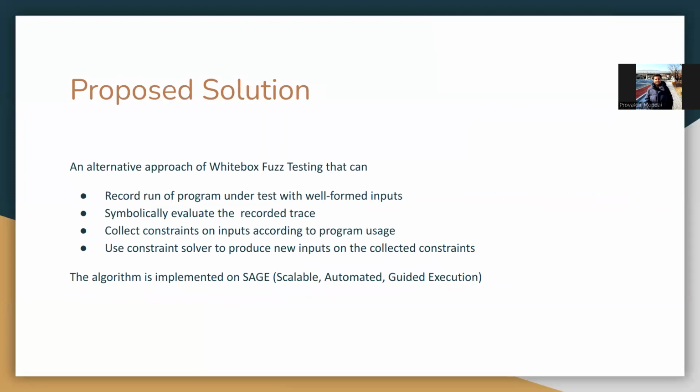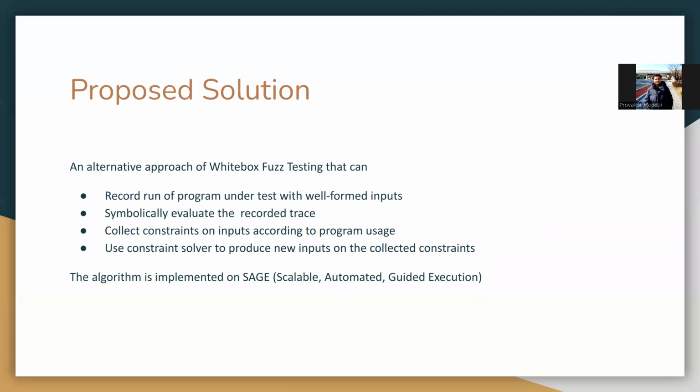To address the problems mentioned in the previous slides, the authors have proposed an alternative technique of whitebox fuzz testing. The proposed approach first records a run of the program under test with well-formed inputs. Then it symbolically evaluates the recorded trace. Third, it collects constraints on inputs according to how the program uses them. In the fourth step, it uses a constraint solver to produce new inputs from the collected constraints.